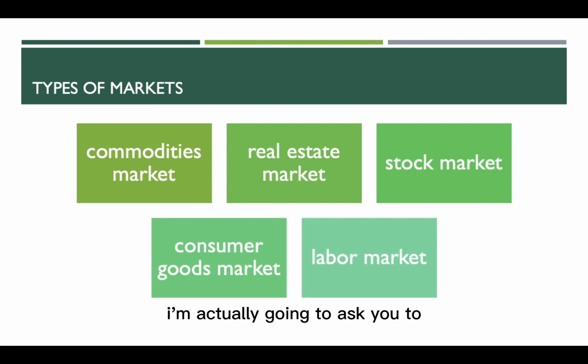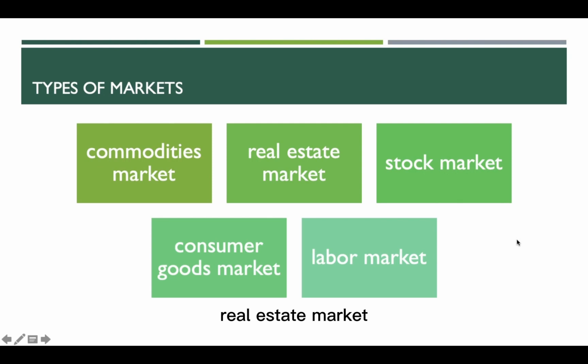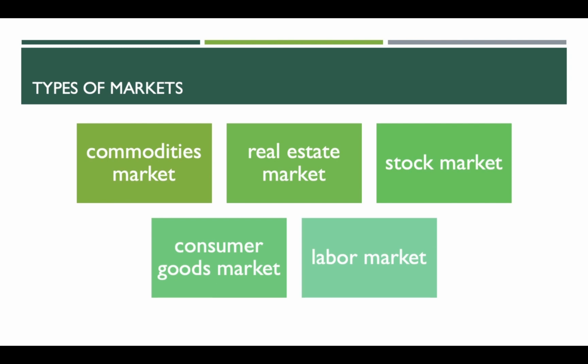I'm actually going to ask you to match them with the images on the slides. So now please press the pause button and get a piece of paper and write down these 5 types of markets, which are commodities market, real estate market, stock market, consumer goods market, and labor market.